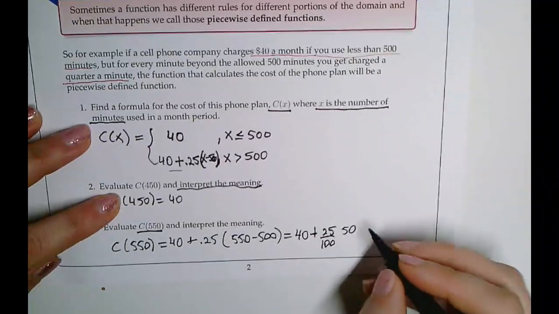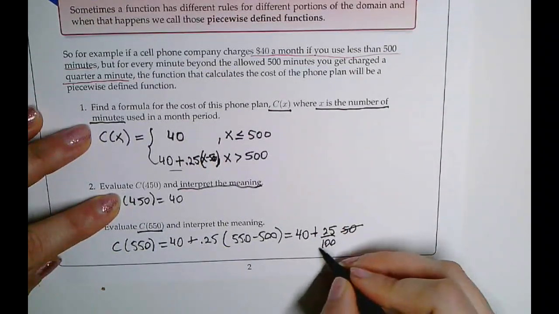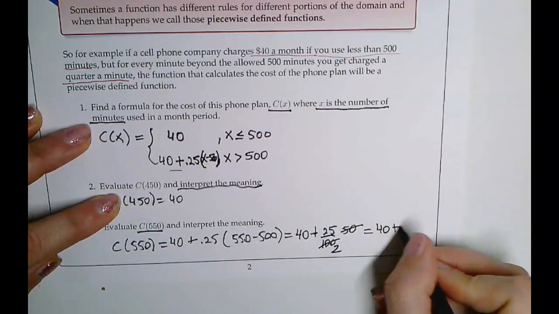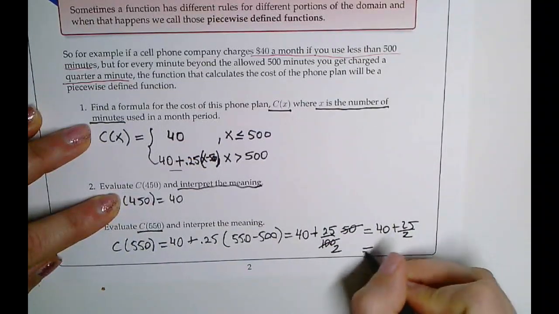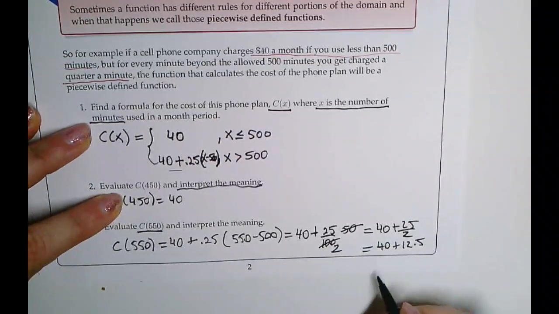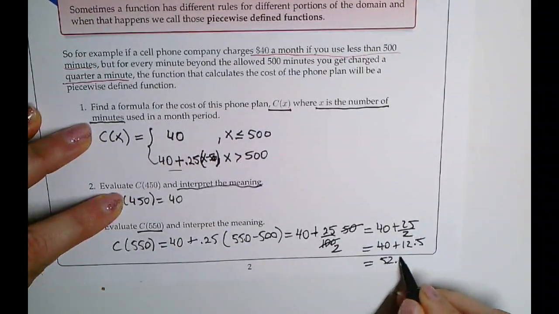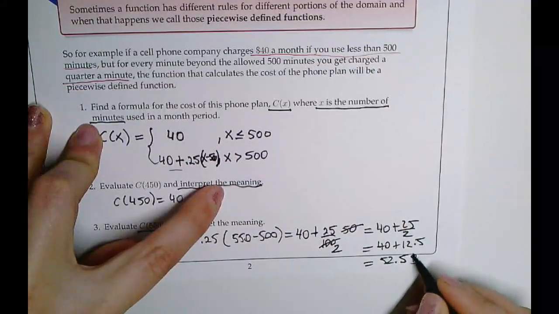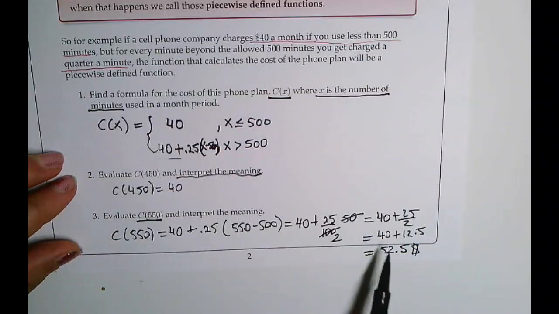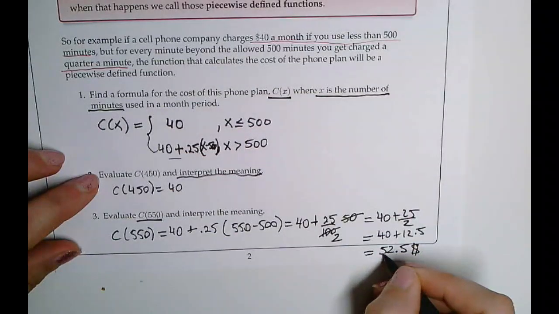And then I can reduce this. 50 goes into 100 twice. So then this is going to give me 40 plus 25 divided by 2, which is 40 plus 12.5. So the cost is just going to be $52.5. So if you consume 550 minutes, the plan is going to cost you $52.5.